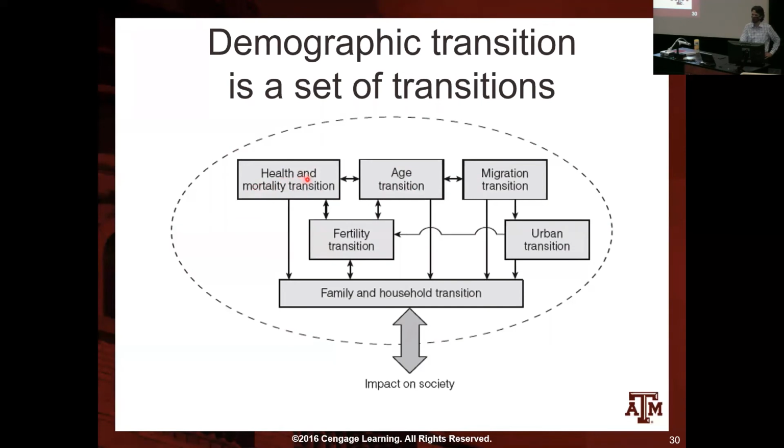More people living to older ages means higher proportions of older people and fewer proportions of children. And migration as well: people moving to urban areas, and societies that receive more immigrants have more people in labor ages. And all these aspects are related to family and household transition, how we organize as a family.